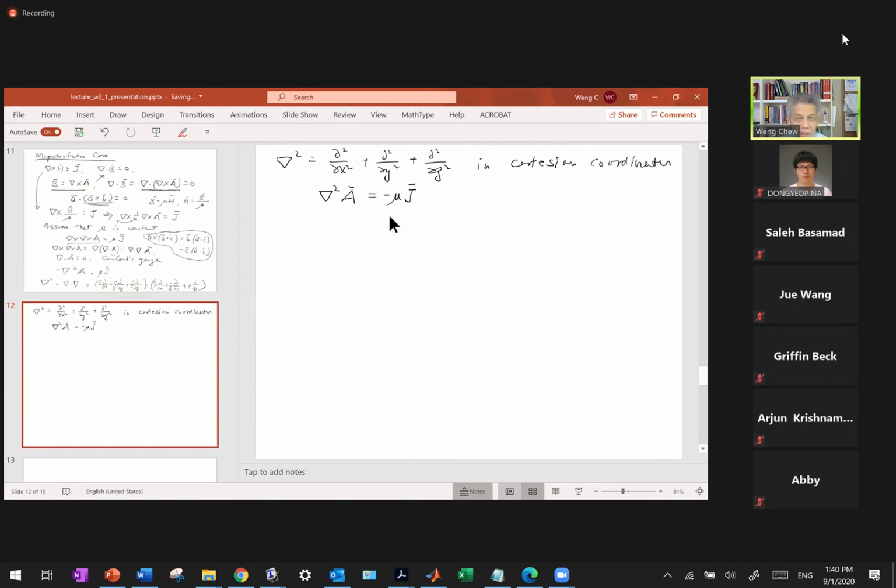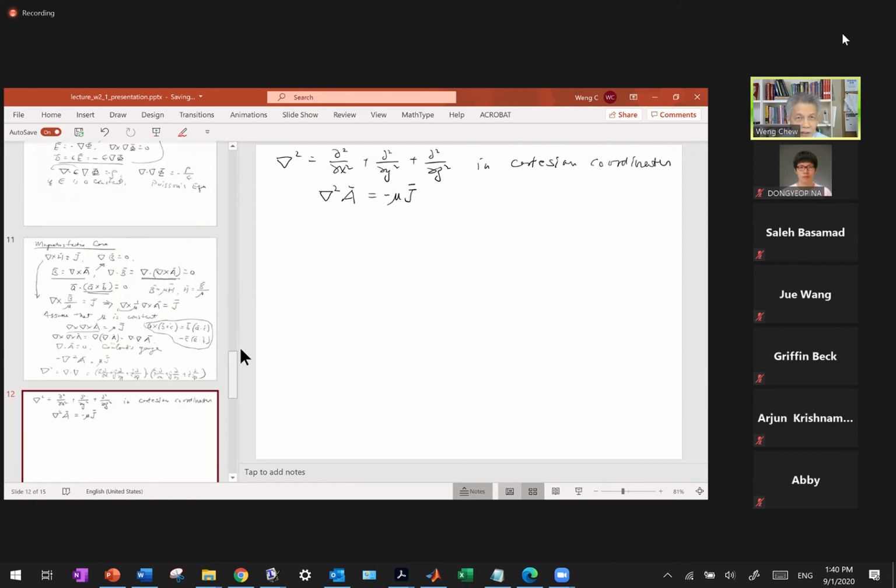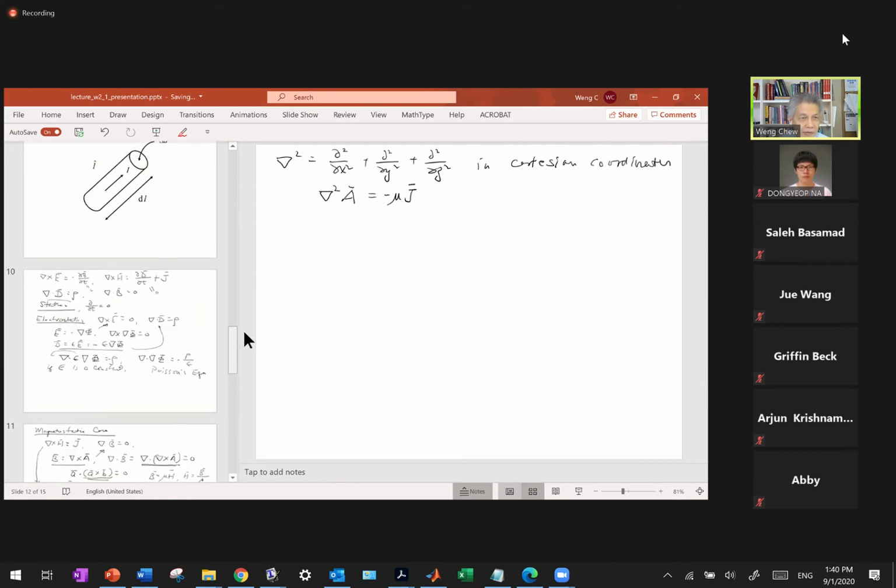equation. This equation is very similar to Poisson's equation. We have Poisson's equation over here, and this is the vector equation. You have A, which is a vector, J, which is a vector, and so on. And you can think of it as three scalar equations if you want to. You have three scalar equations that can write out each component.